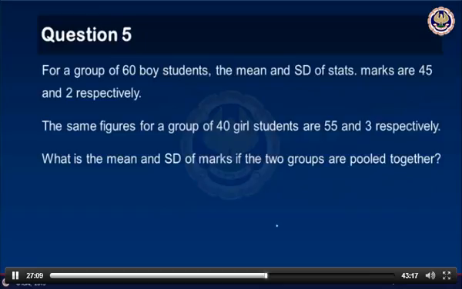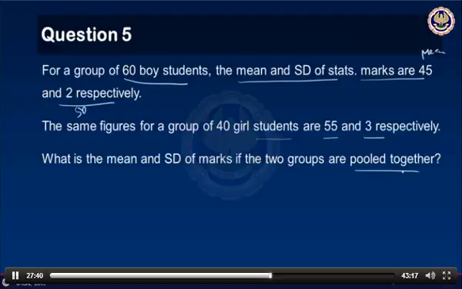Question 5. For a group of 60 boys, the mean and SD of stat marks are 45 and 2 respectively. The same figures for a group of 40 girl students are 55 and 3 respectively. What is the mean and standard deviation of the two groups of students taken together?